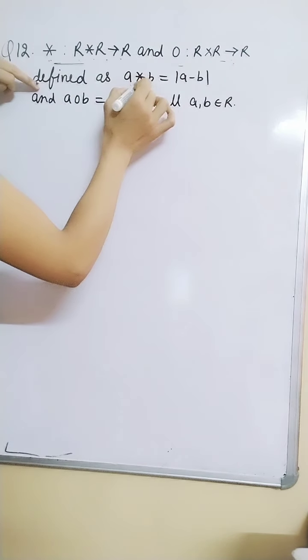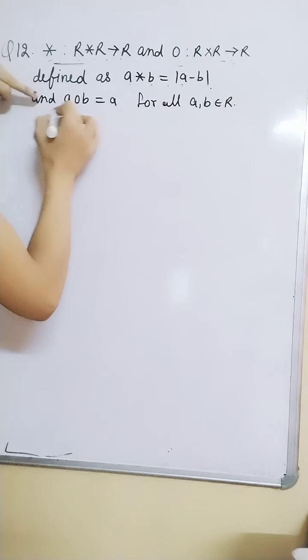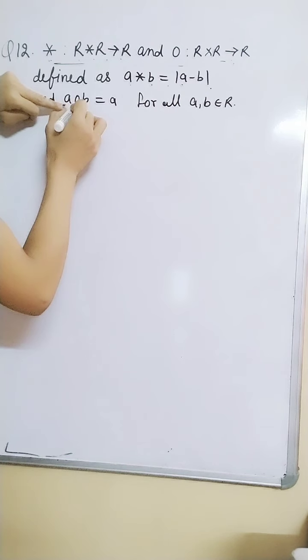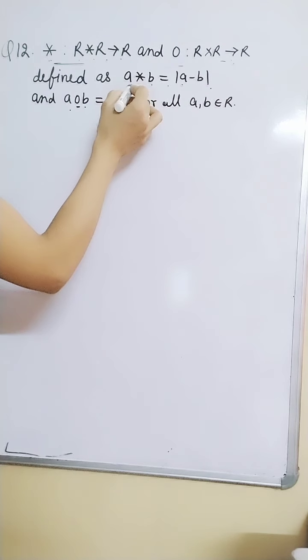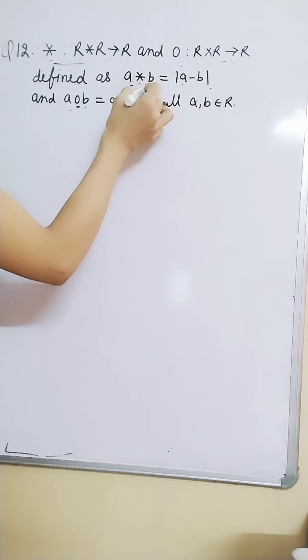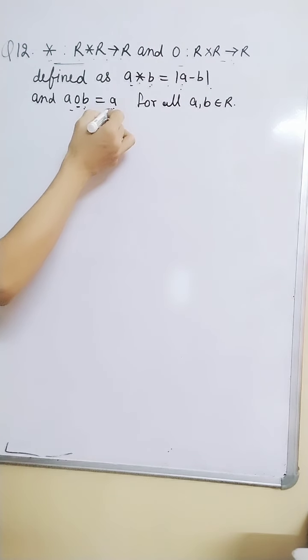One is defined as A operation B equals mod A minus B, and the second operation, A O B, is equal to A. It means when we apply the first operation between two elements, we get this result, and when we apply the second operation between these two elements, we get this element.